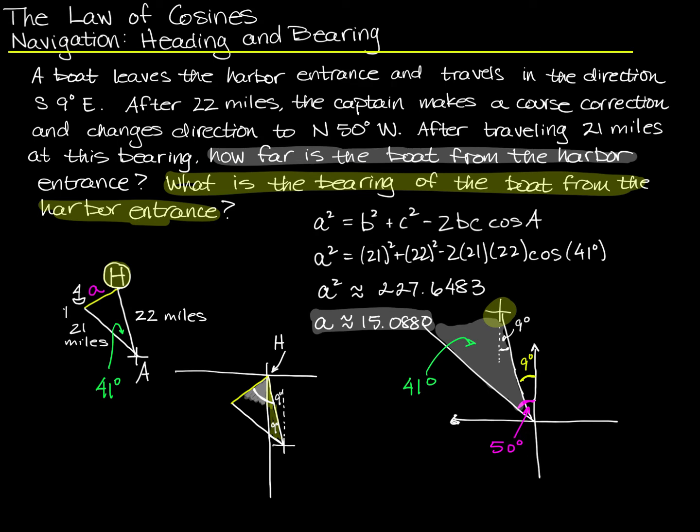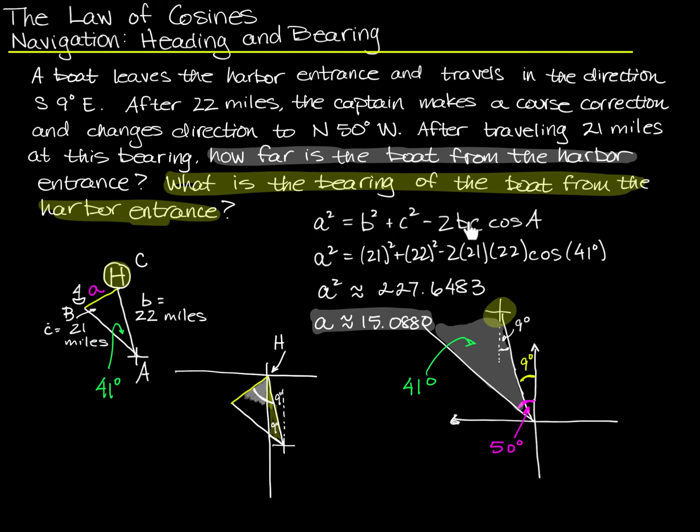Let's just call this angle B, which makes this side B, and angle C is here, which makes this side C. And then, because I'm looking for this angle right here, I'm probably going to want to use C squared, which has to be this side over here, 21, C squared equals A squared plus B squared minus 2 times A times B times the cosine of C. And I don't know what C is.